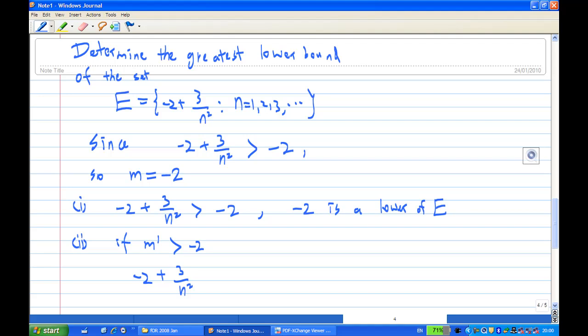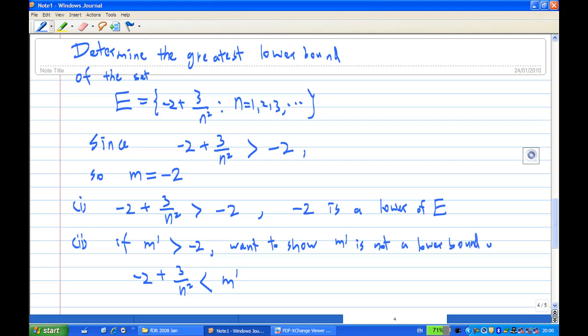I want to show that this is less than m prime for some n, so that m prime is not a lower bound of E. That is the objective: to show m prime is not a lower bound of E.